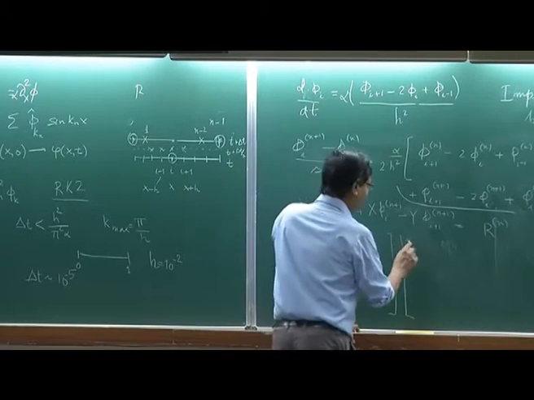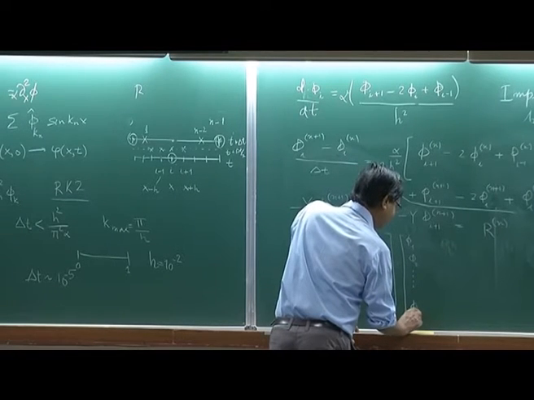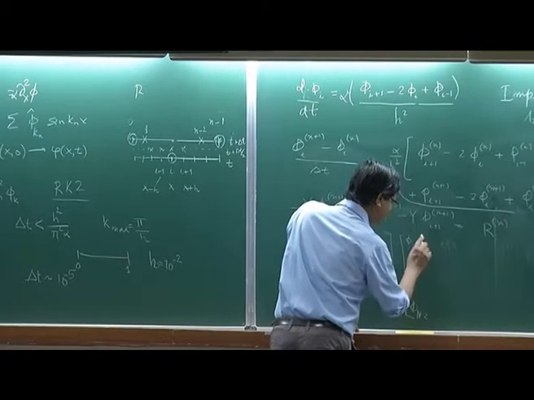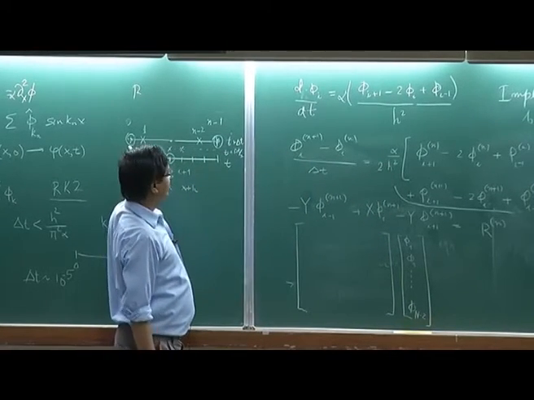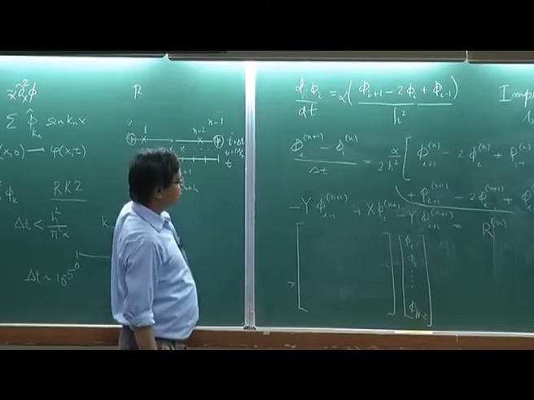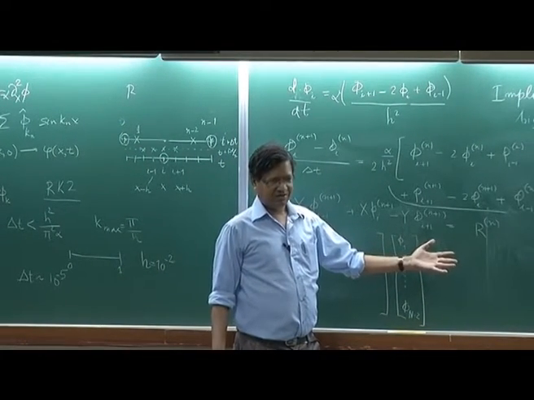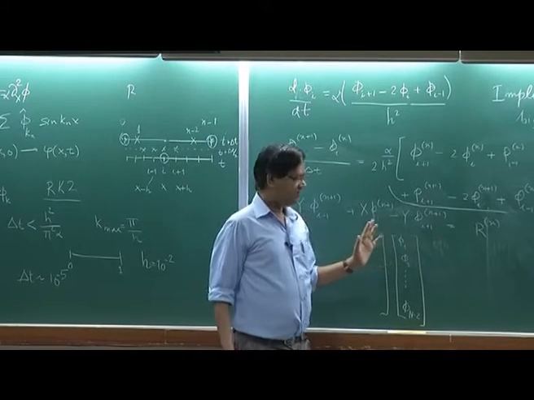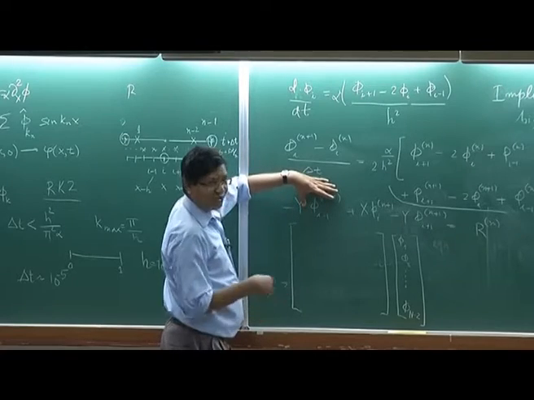So, my values will be phi 1, phi 2 up to phi n minus 2, not phi n minus 1. Now, phi 1 involves phi 0, but phi 0 value is known. So, that will go to the right hand side. Presently, it is 0. So, this is always 0. So, you do not need to put that.